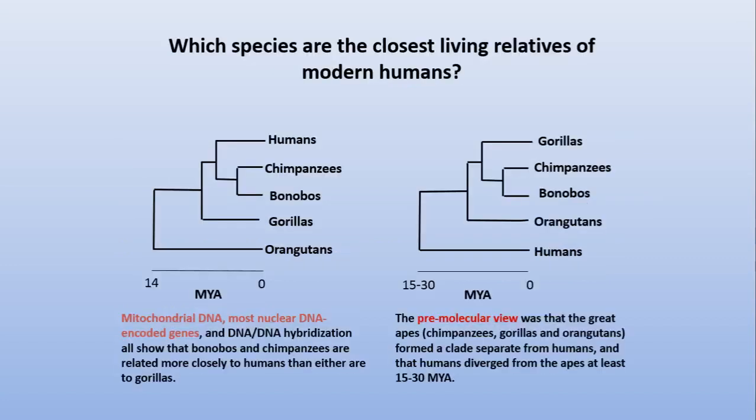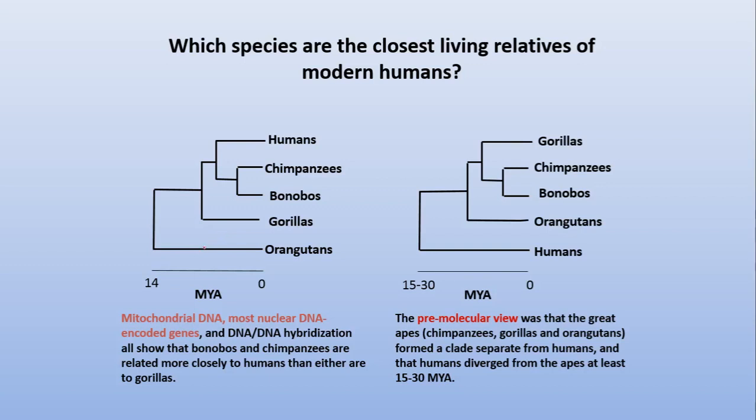Now we know which species are the closest living relatives of modern humans owing to this molecular phylogenetic data.